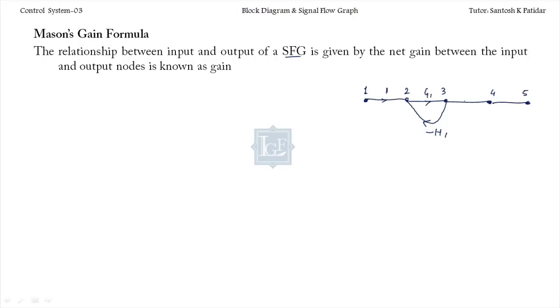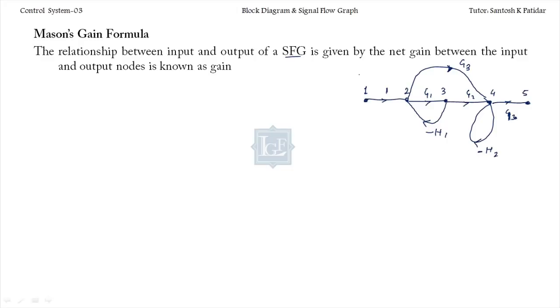Let's take this one as g1, this one g2 and this g3. Here I'm considering this also. This is the path gain, I'm giving it g3. At this point I am considering one self loop, minus h2 is the gain. This is one SFG I considered over here.